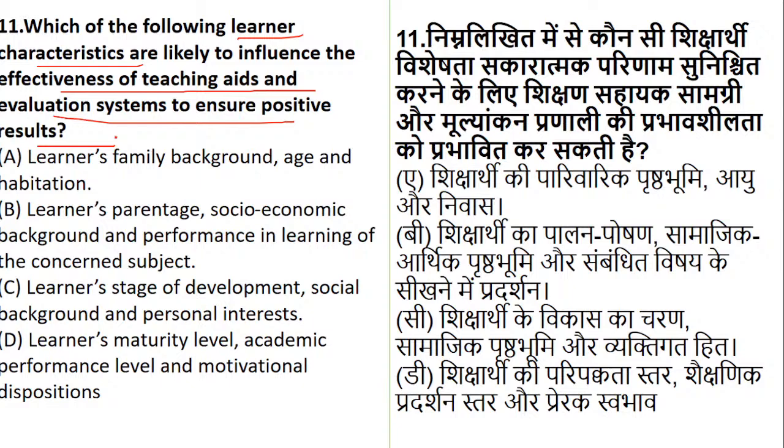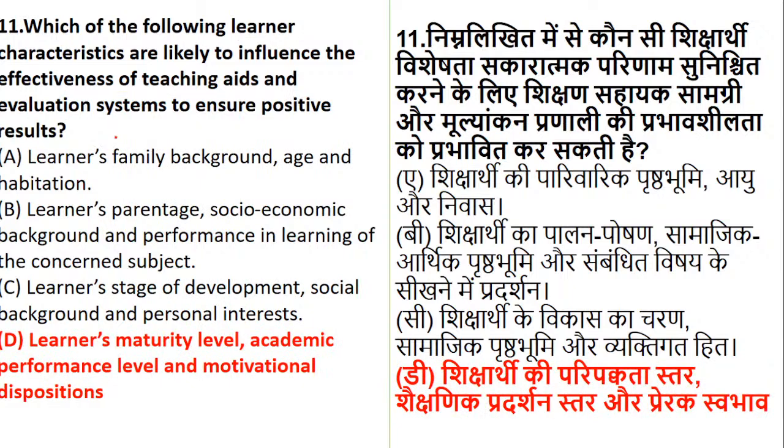Okay, fine. Very good. If you see all the options, the perfect option, see, learner's family background or socio-economic background or social background will definitely not help in any form in the evaluation system.